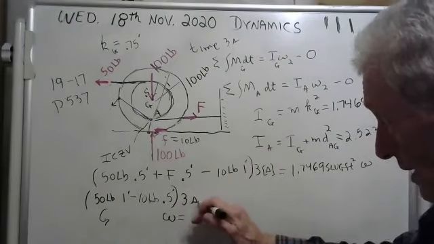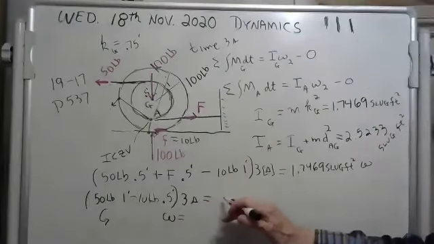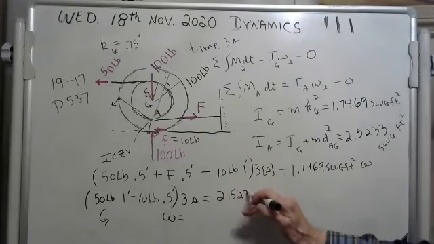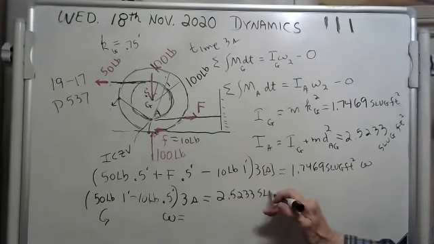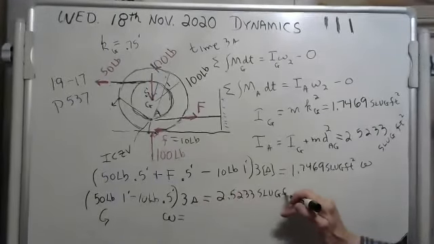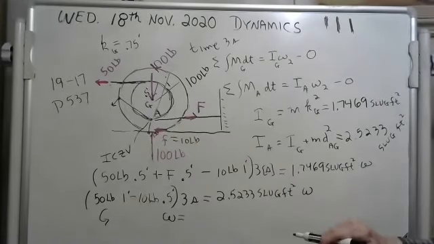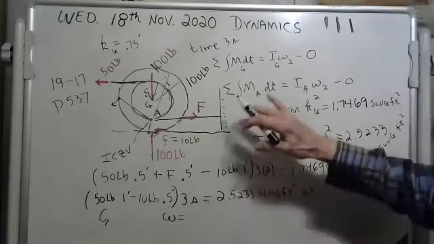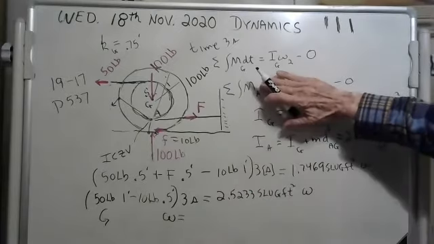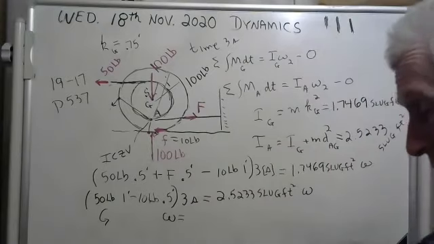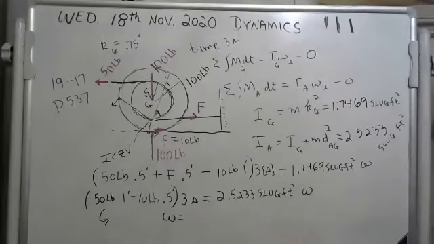Don't forget the time, like I did. Okay, now I got it right. See, I left out the time. I just put the moment in there. It's not the sum of the moments. It's the sum of the impulses. You got to have the time in there. Okay, now solve that for your angular velocity. Go for it.